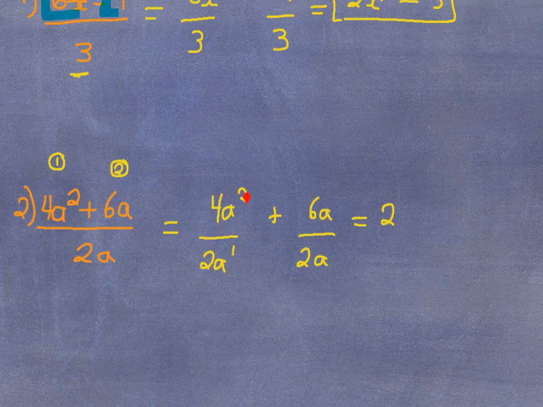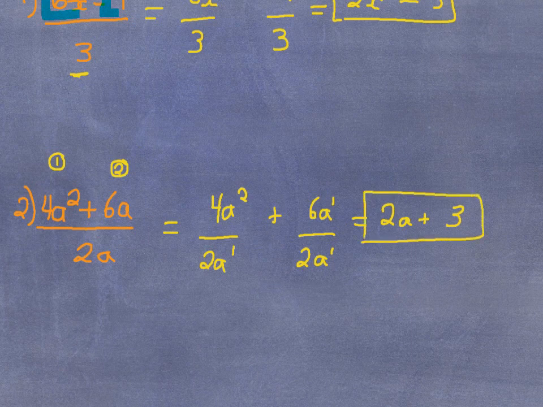So you subtract your exponents. So 2 minus 1 is 1, so all I'm left with is just a, plus 6 divided by 2 is 3. And over here I'm going to obviously get rid of my a's, because 1 minus 1 is 0, and a to the 0 is 1, so I am just left simply with this as an answer.